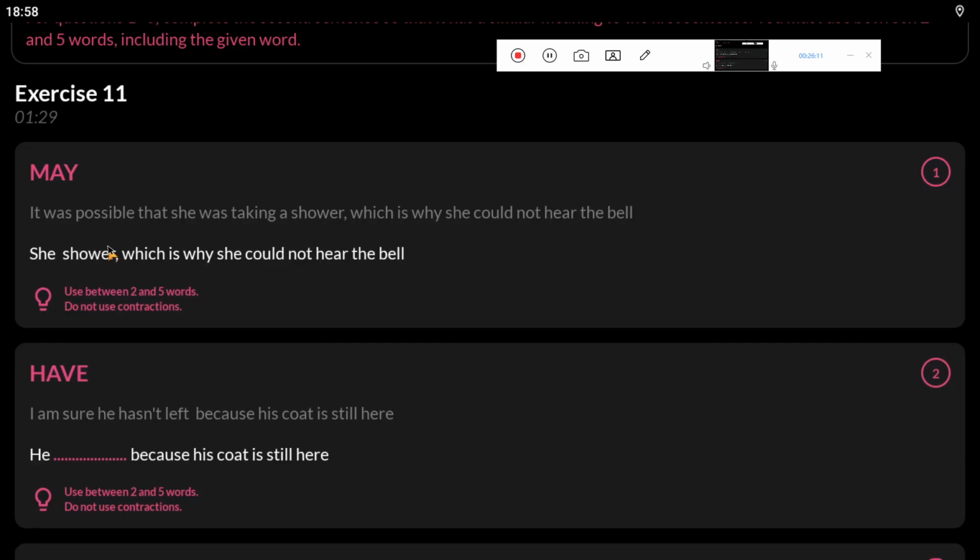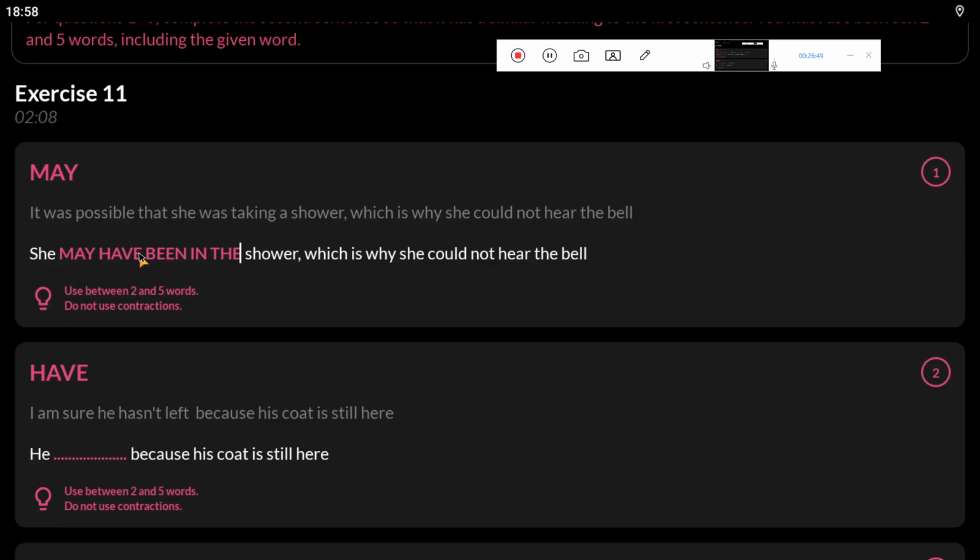So she may have, right? Because it is possible, possibility. She may have what? What is missing? If it says she was taking a shower, so where was she? She may have been, right, in the shower.